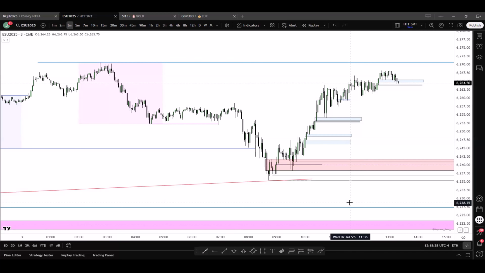Because you are trading from a key level. And when you're trading from a key level with SMT and a failed auction, your entries don't have to be perfect because you're trading from a great level. I'd rather have a so-so entry at a great level than a great entry at a so-so level.